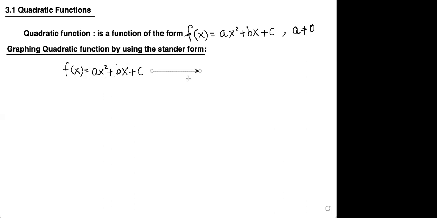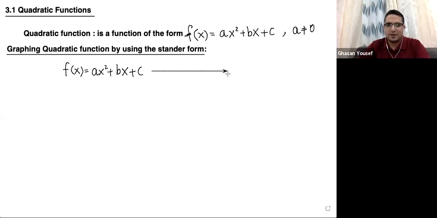So this quadratic function, I can rewrite it in a different way. The different way is called the standard form. The standard form, like he said, is the function f of x equal a times x minus h squared plus k.